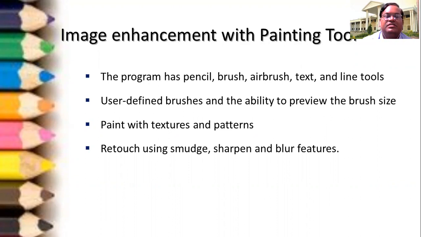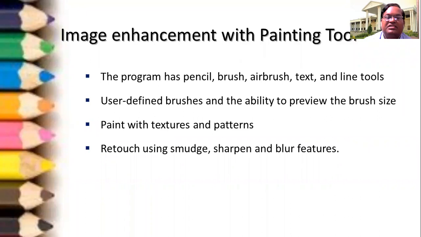Some of the programs also provide textures and patterns. Means you can fill the objects with textures and patterns, like line patterns and design patterns. So many textures and patterns are provided by graphics programs. And also you can retouch the images with smudge, sharpen and blur features.